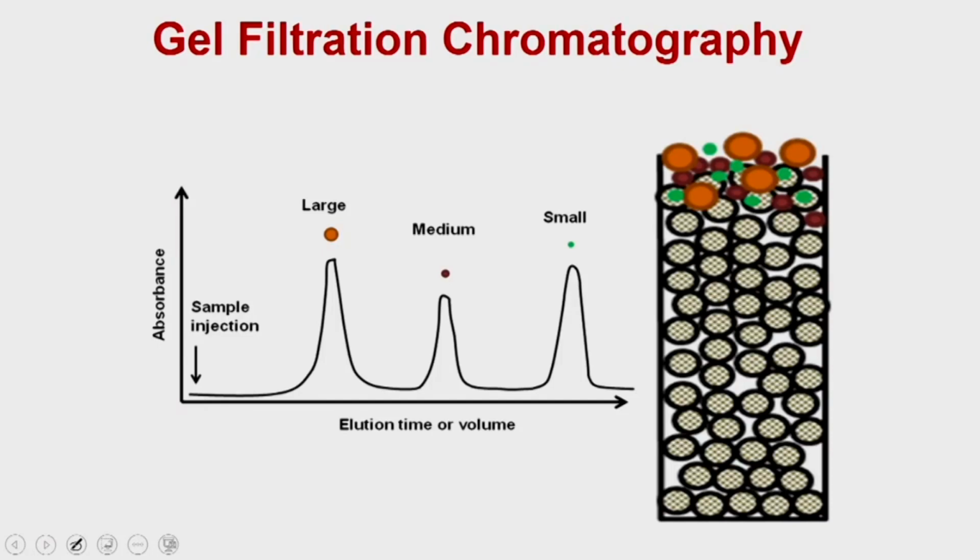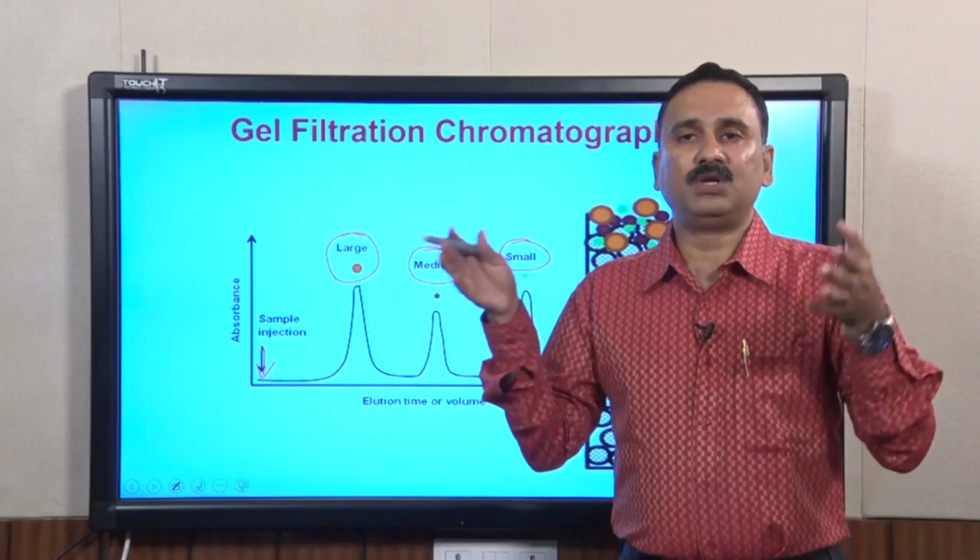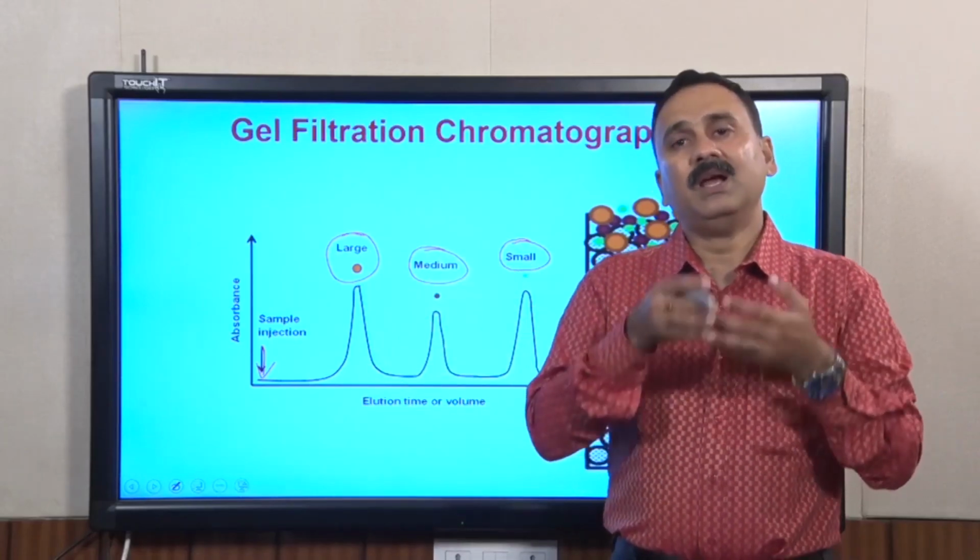So, this is what we are talking about. If you resolve molecules of different sizes and inject them, what you will see is the large size molecule will come out first, the medium size molecule will come out later, and the smallest size molecule will come out last. Which means the elution volume for the large is going to be very small, the elution volume for the medium is going to be in between, and the elution volume for the smallest one is going to be largest.